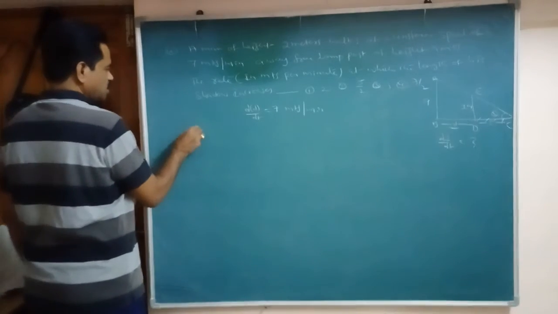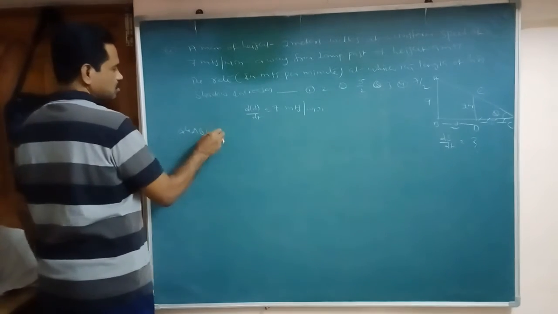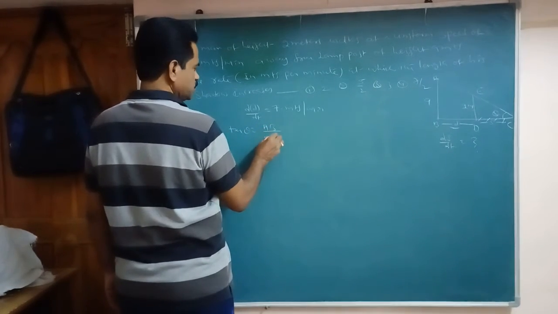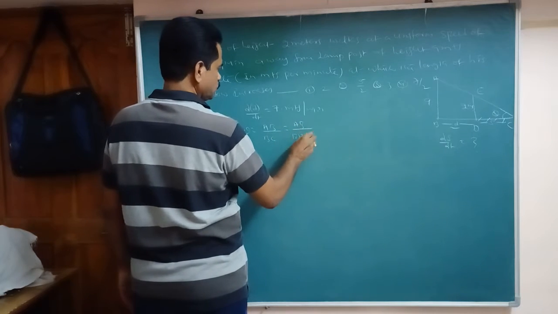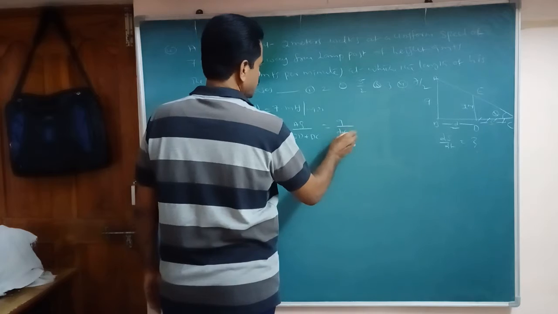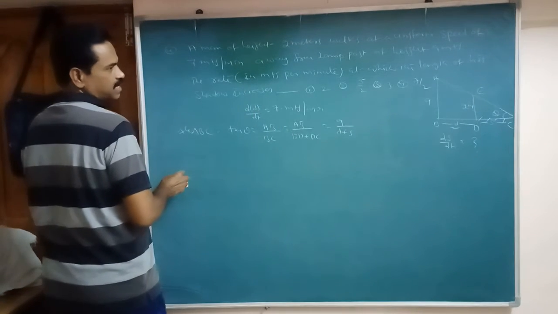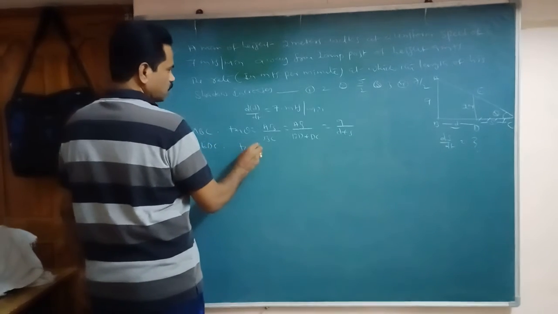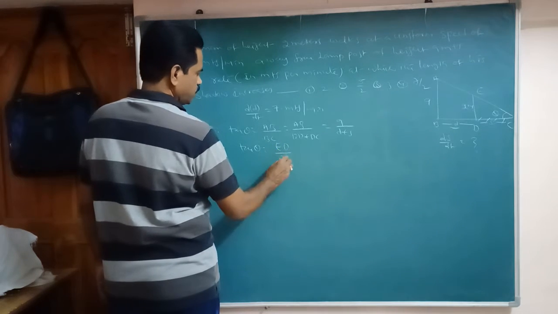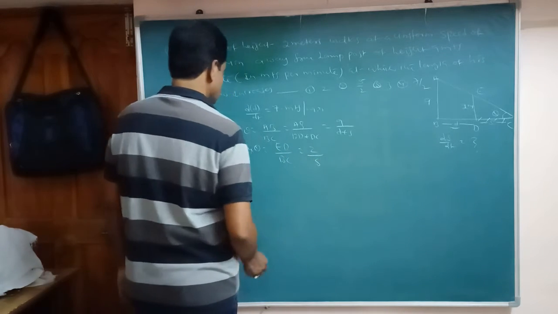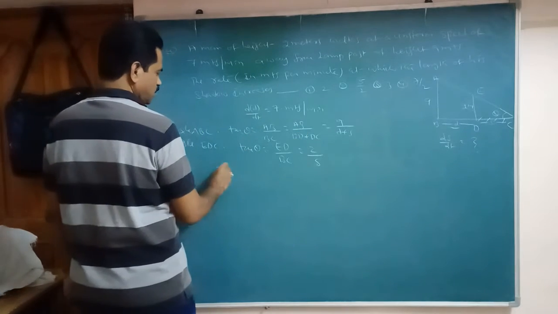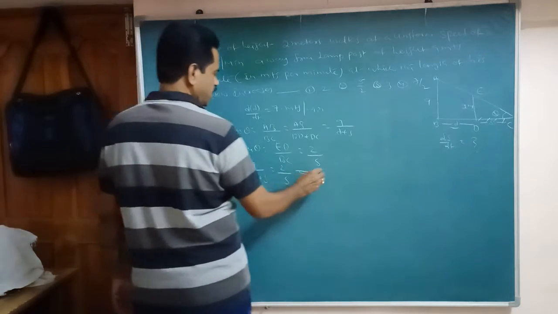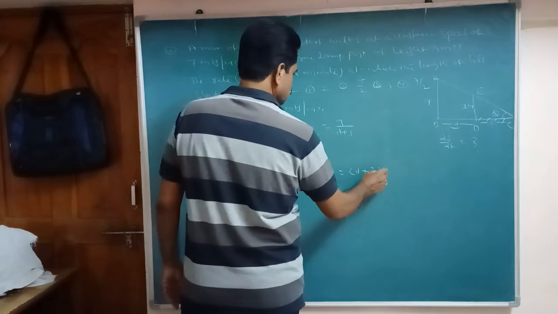From triangle ABC, tan theta equal to opposite by adjacent, AB by BC, AB by BD plus DC, 9 by D plus S. Next, from triangle EDC, tan theta equal to ED by DC, that equal to 2 by S. So equating both tan theta, 9 by D plus S equal to 2 by S. Cross multiplication, 9S equal to 2D plus 2S.